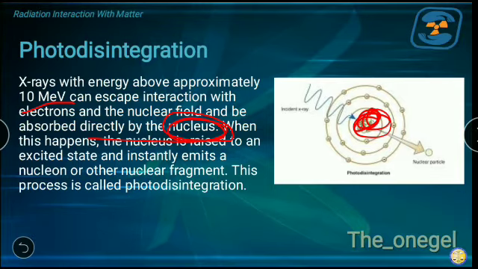When this happens, the nucleus is raised to an energy state and instantly emits a nucleon or other nuclear fragment. When a high energy photon is absorbed, it emits a nuclear fragment. We can say a proton, an electron, or meson, lepton, basically anything that comes from the nucleus.